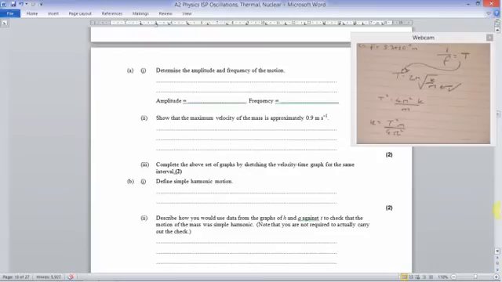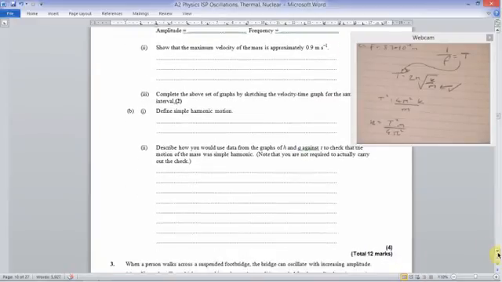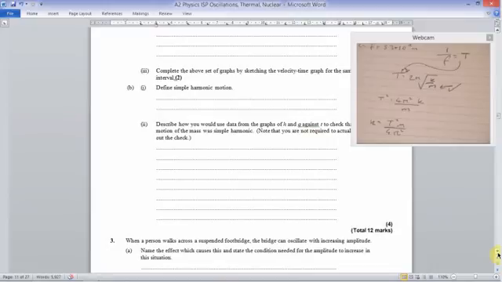Describe how you can use data from the graphs of h, a and t to check that the motion of the mass is simple harmonic. Note that you're not required to actually calculate the check, so you don't need to do the actual calculation, but you can describe what you actually do. You read a value of h, and that's your displacement, and you'd plot an acceleration-displacement graph, or you look at your ratio of a divided by x, and a divided by x should remain constant.